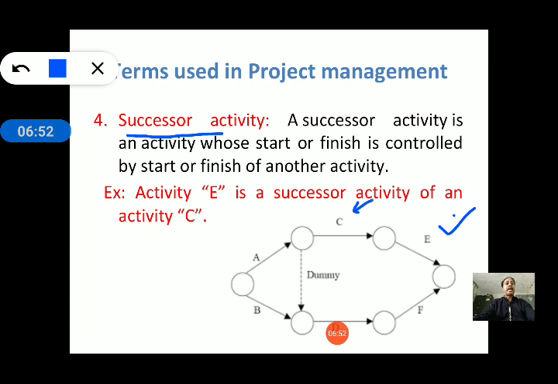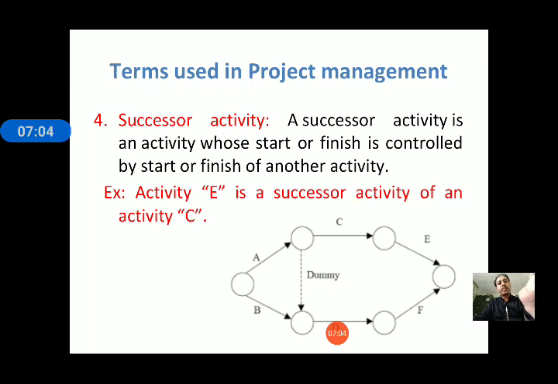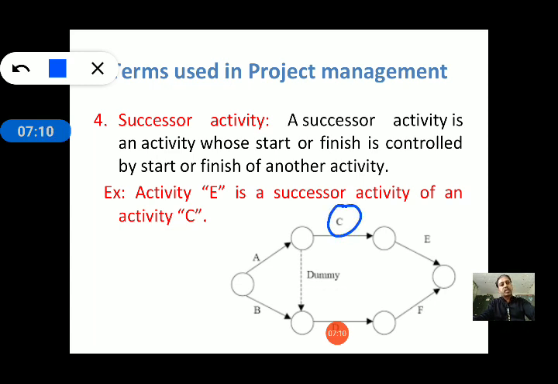A successor activity is an activity whose start or finish is controlled by the start or finish of another activity. Suppose we consider activity C; activity D is the successor activity of activity C.